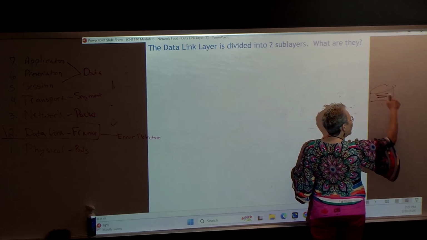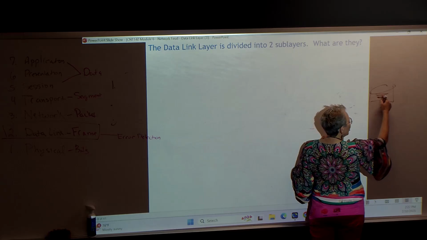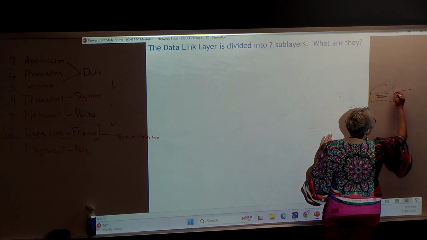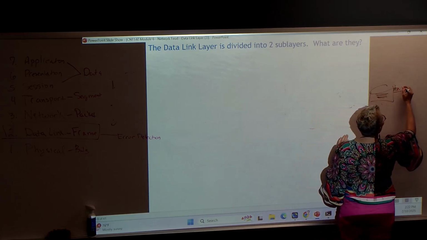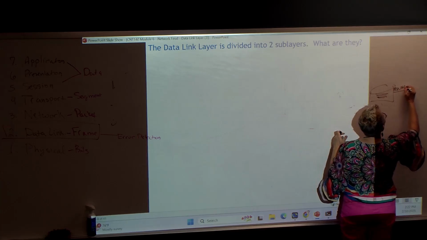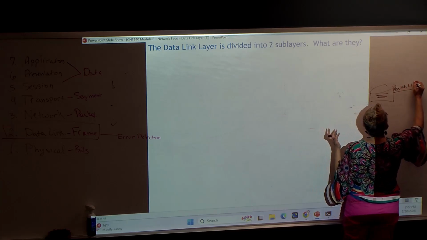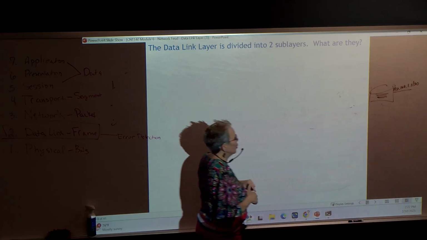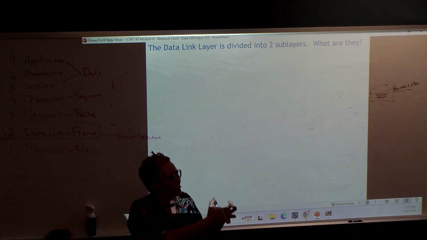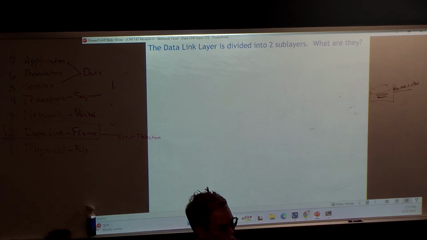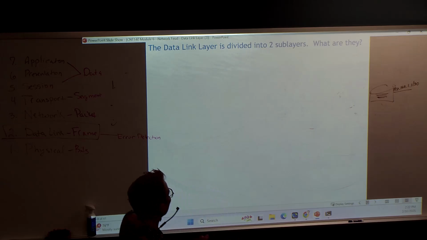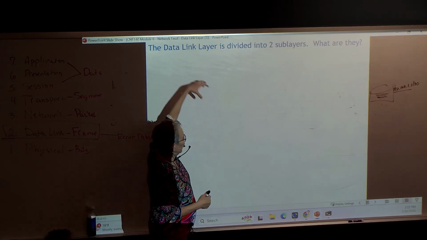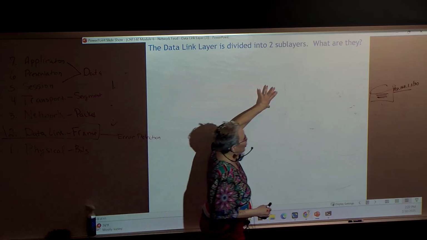It's logical. Also, another term for an IP address is a logical address, so you can tie those terms together. The logical link control is helping the network layer.